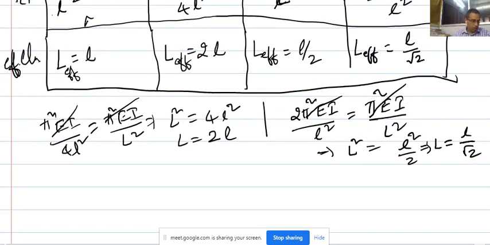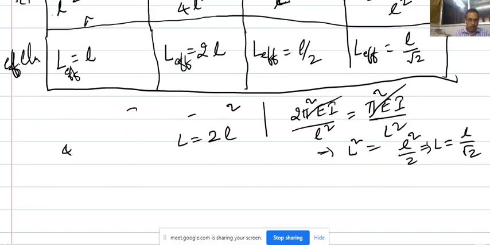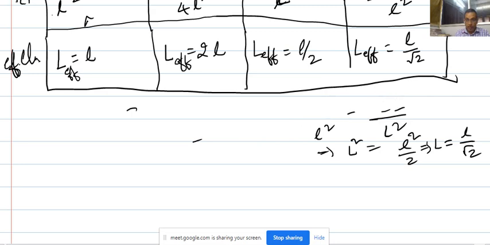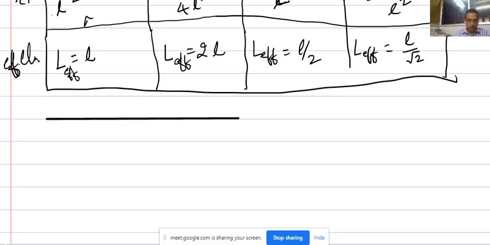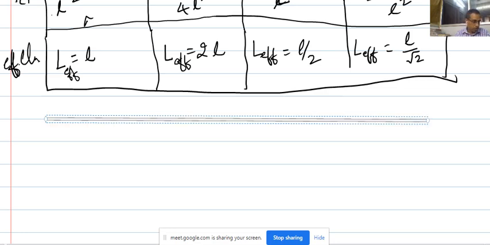Now, to see diagrammatically what this effective length means, I will show you a pictorial form. I will draw a line, and another line.